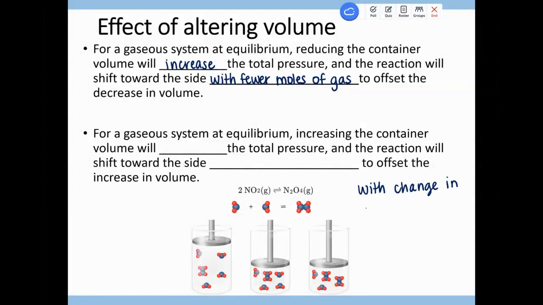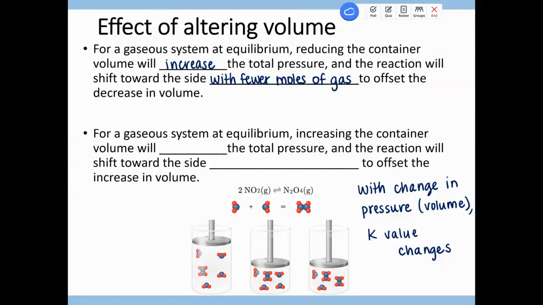So with a change in pressure or volume, because if one changes, the other one will also change, the K value changes. So at equilibrium, K will have a different value because we now have a different relative concentration of products to reactants.